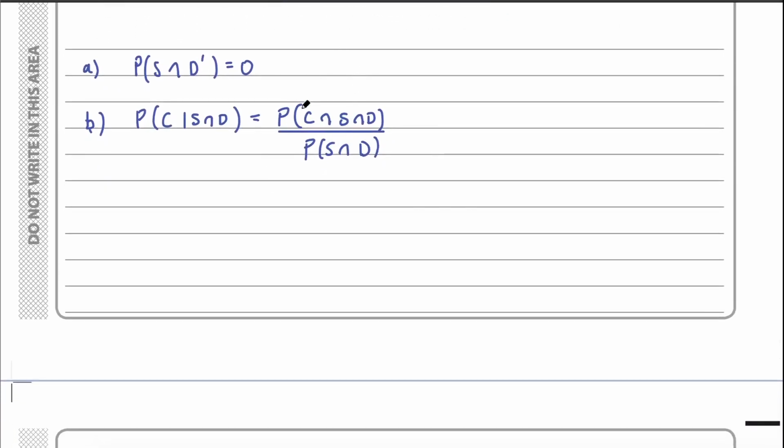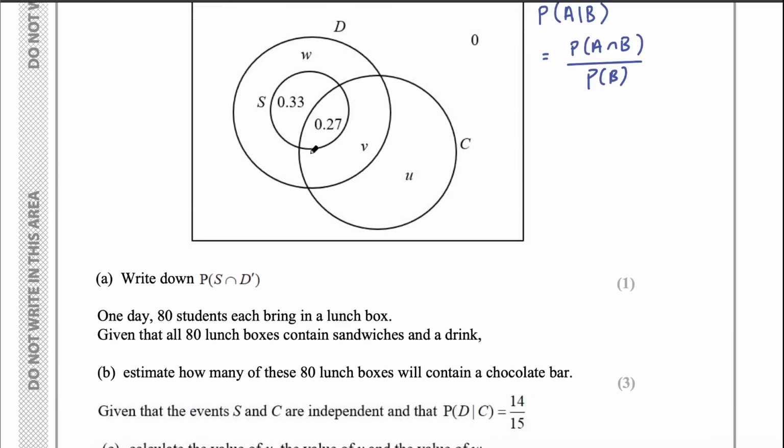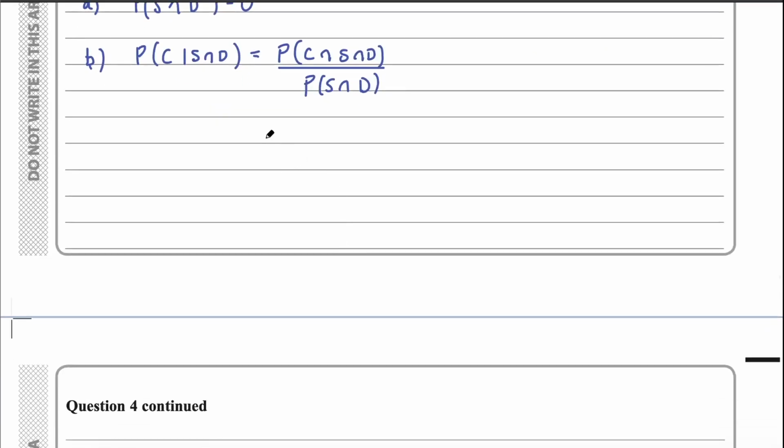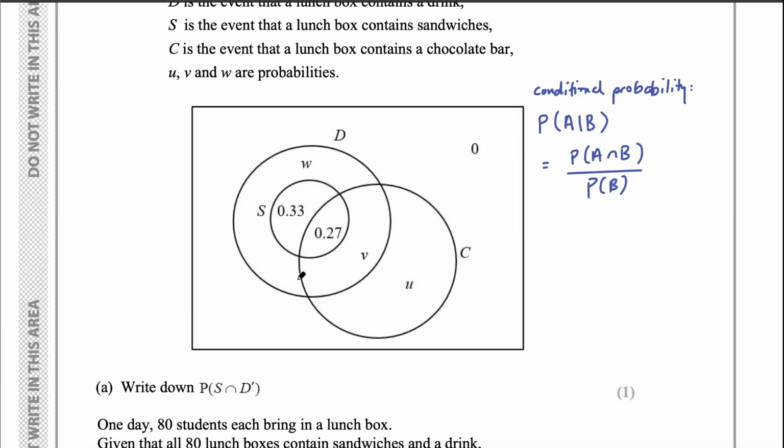Okay, so what is the probability of a chocolate bar intersect S intersect D? Well, that was our initial answer, 0.27, the intersect of those three things. So straight from the diagram, it's 0.27. What's the probability of S intersect D, or sandwich and a drink? That was this circle in here. So probability of a sandwich is 0.33 plus 0.27, 0.6, and that is already within the circle for drinks.